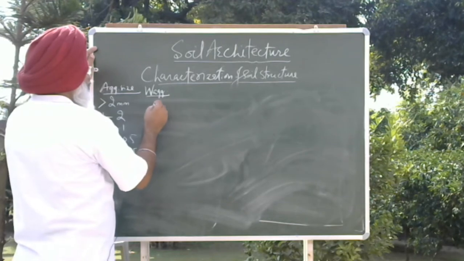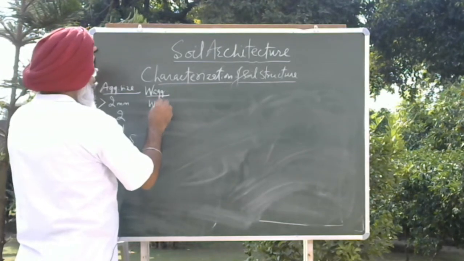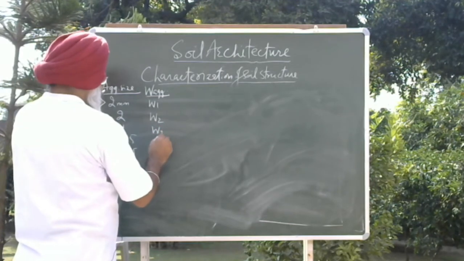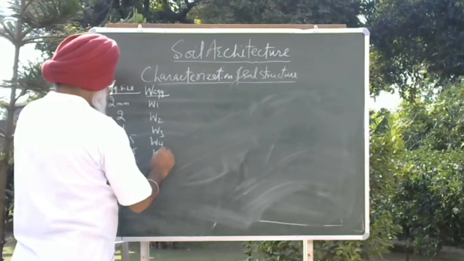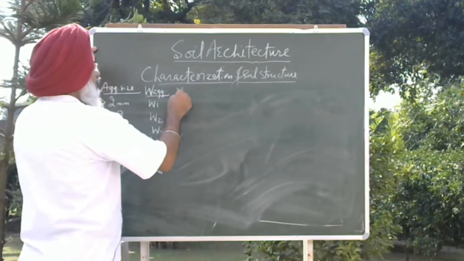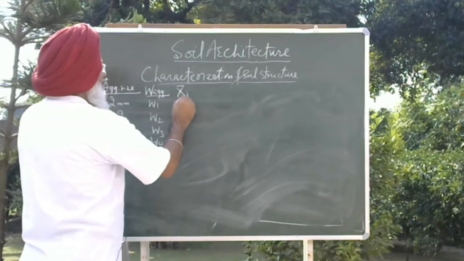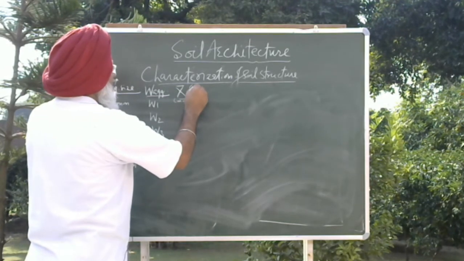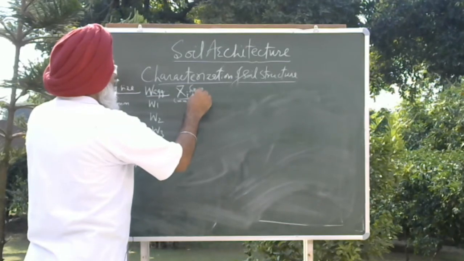So, over here say it is W1, W2, W3, W4, W5, W6. Then you have the mean size. This is again in millimeter. This is sieve size, mean sieve size.